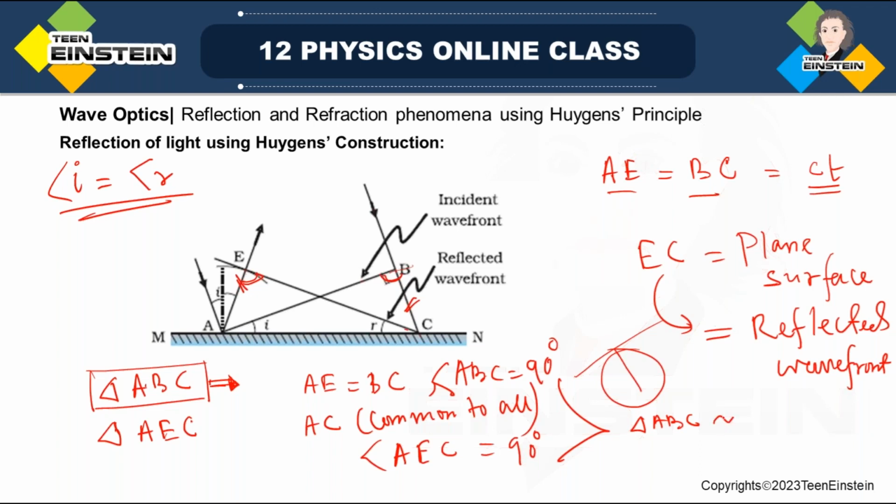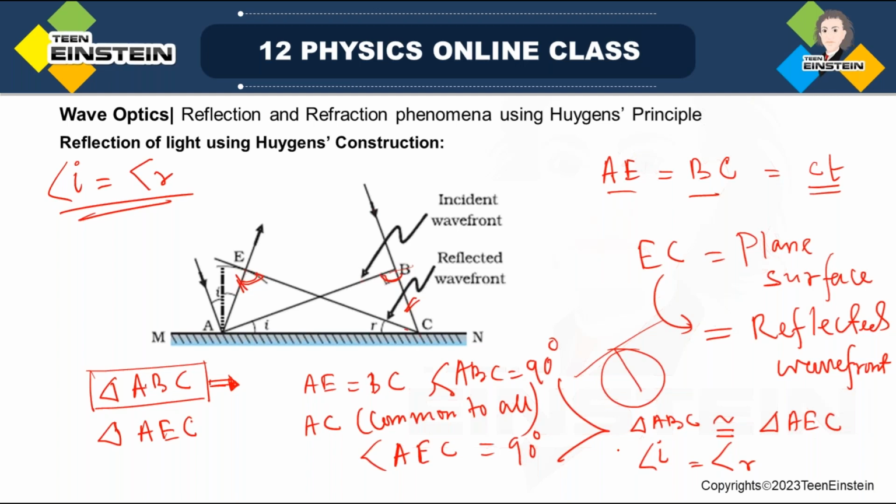So from these two, we can conclude that triangle ABC is similar to triangle AEC, written like this. Both are similar triangles. If they are similar triangles, we can say angle i is equal to angle r.